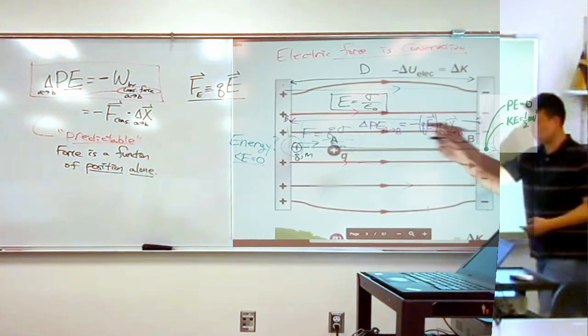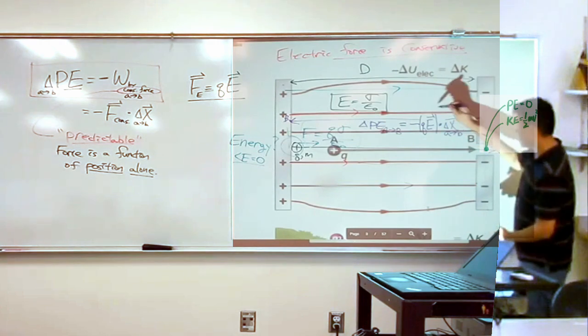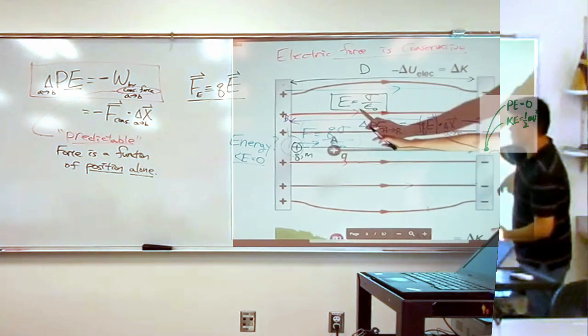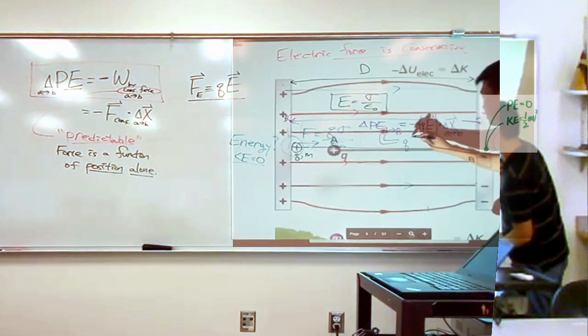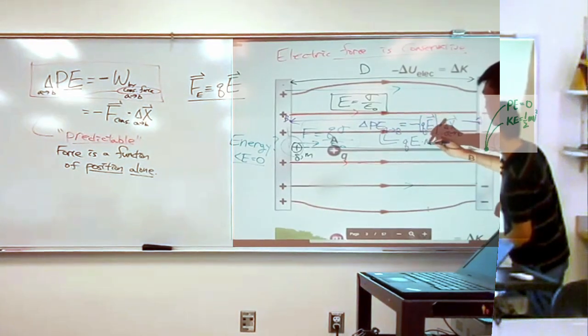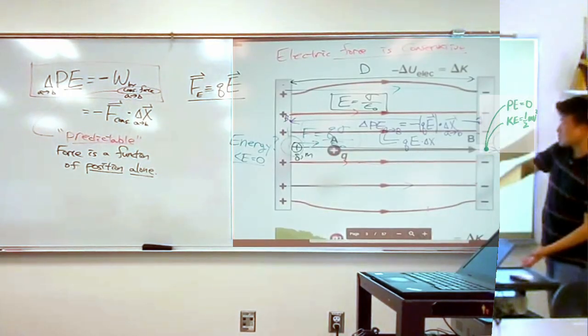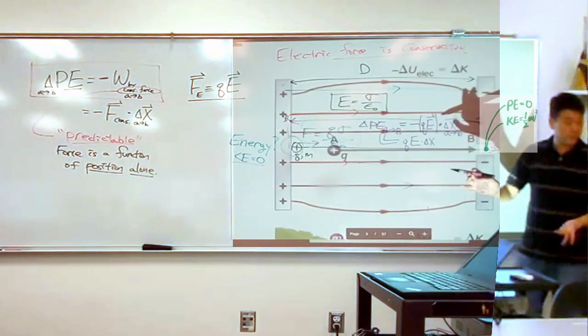Negative. Force points to the right, displacement points to the left. So this whole thing will give me a negative number, which will cancel out with this, which means the change in potential energy will be charge times the electric field times the distance that the charge moves. So this is the expression for the change in the electric potential energy in this case.